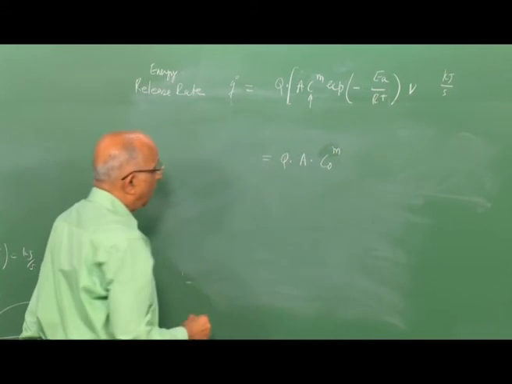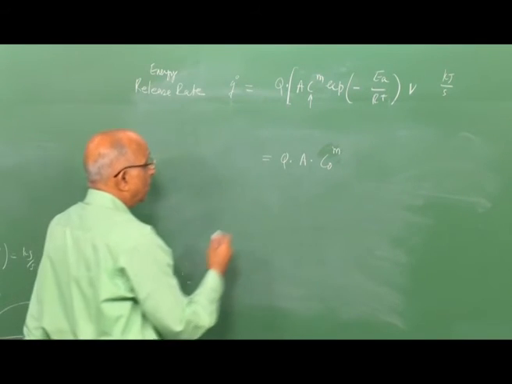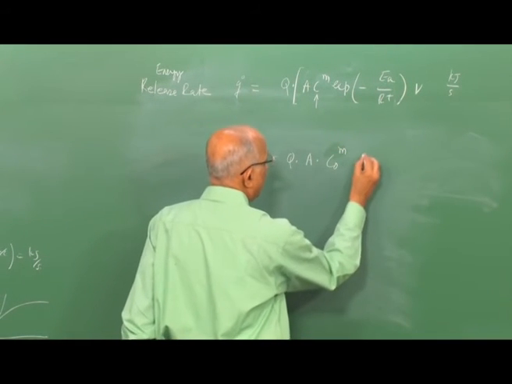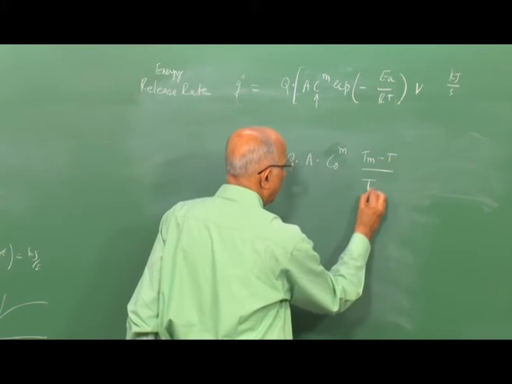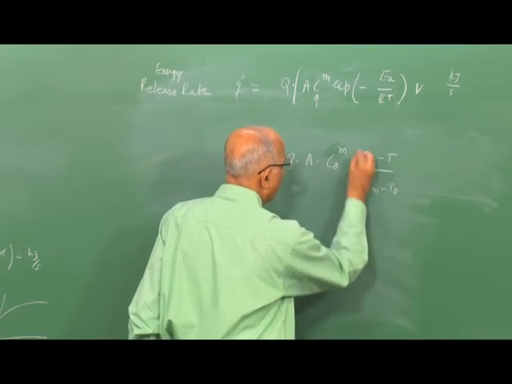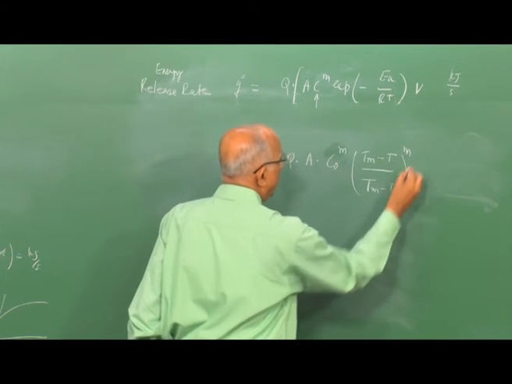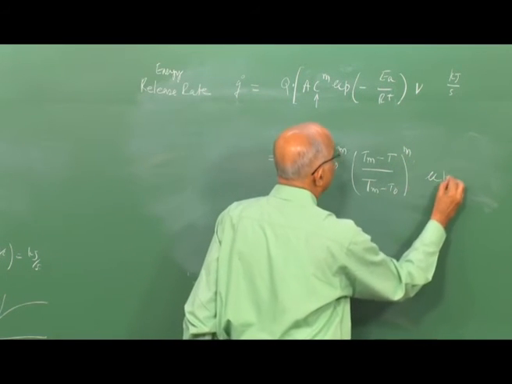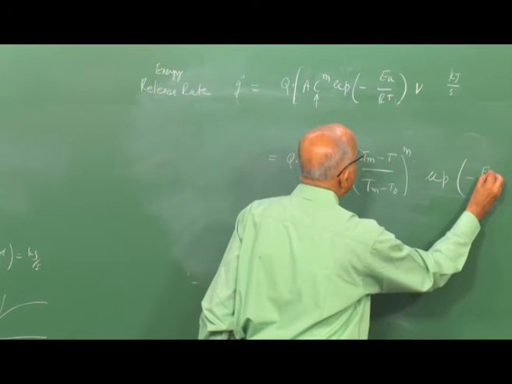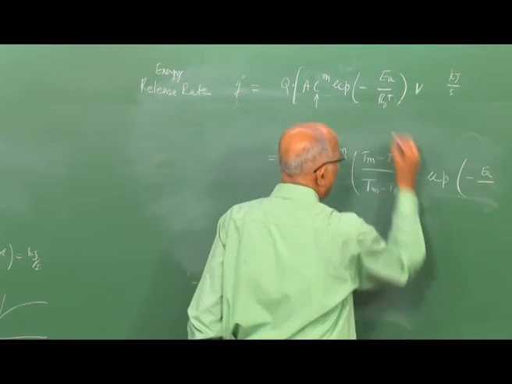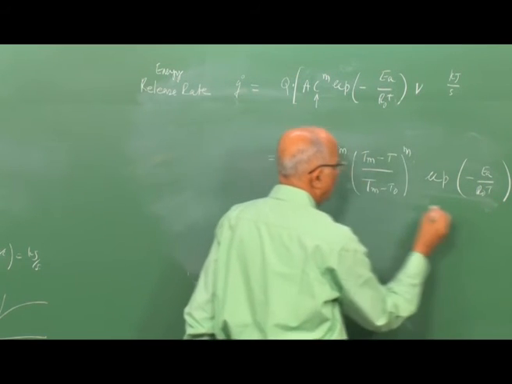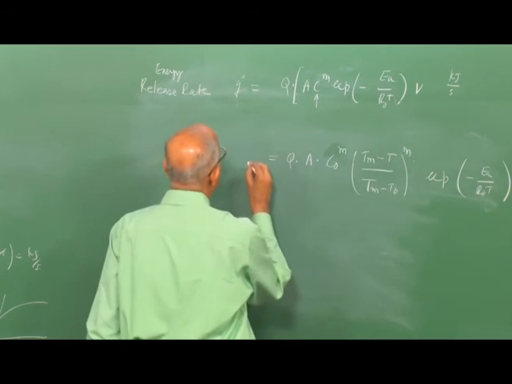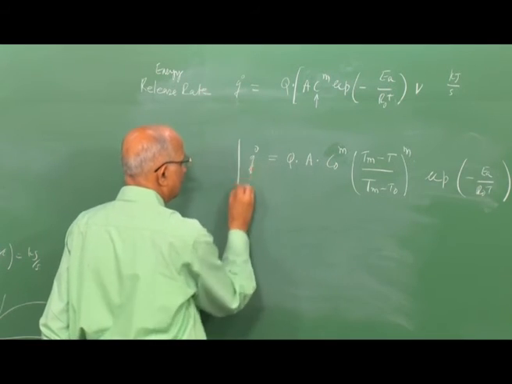I still assume that I have an mth order reaction, that means a number of things are reacting over here, into Tm minus T divided by Tm minus T0 to the power m, into exponential of minus Ea by, mind you, it should have been R0 over here, the universal gas constant, T, into V over here, and this becomes my rate of energy release.